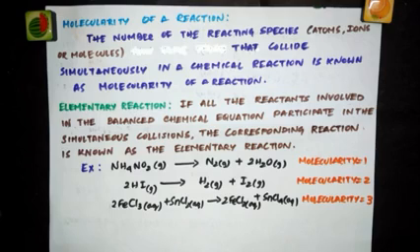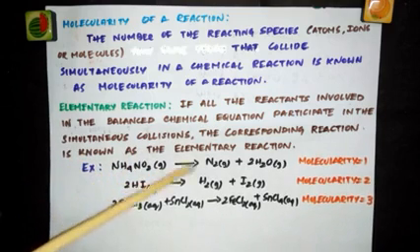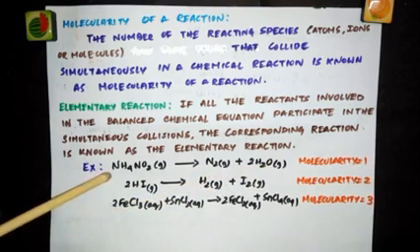So the number of reacting species that collide simultaneously in a chemical reaction is known as molecularity of a reaction. If all the reactants involved in the balanced chemical equation participate in the simultaneous collision, then that reaction is known as an elementary reaction.